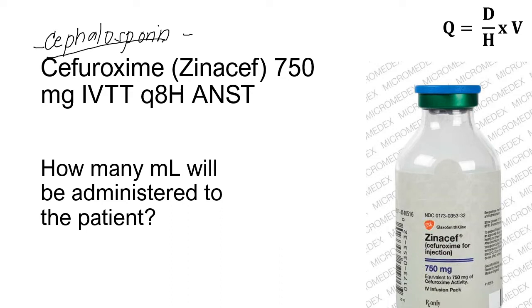The hint that this is a cephalosporin is the prefix ceph, and the spelling may vary from CEPH or CEF. Now, let's go to the order. The order is cefuroxime 750 milligrams IVTT every 8 hours ANST.